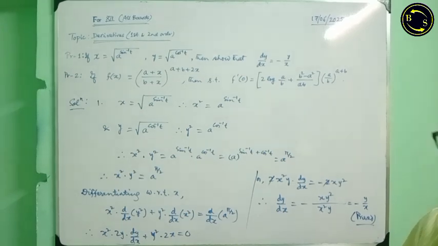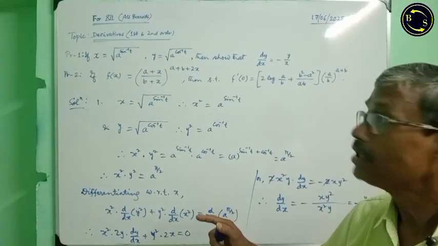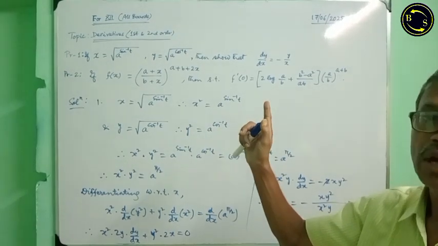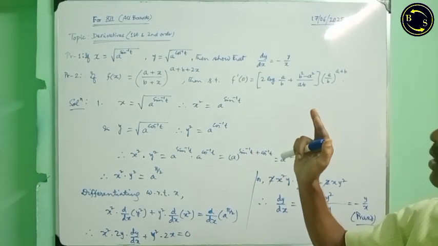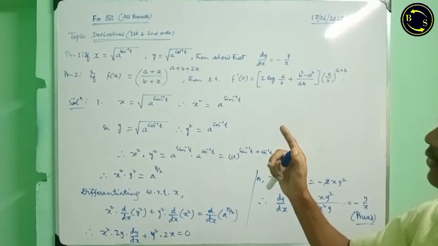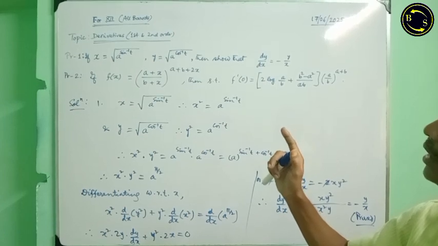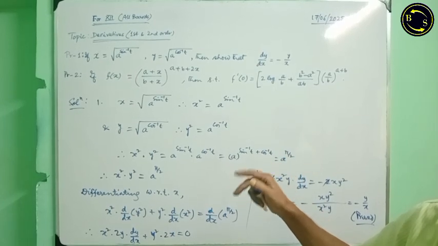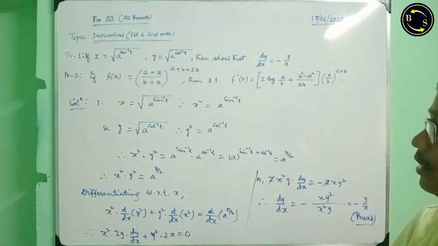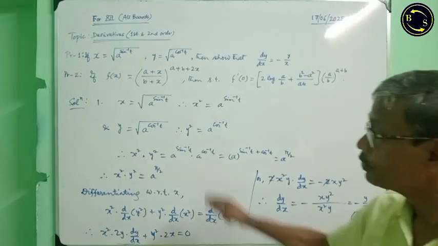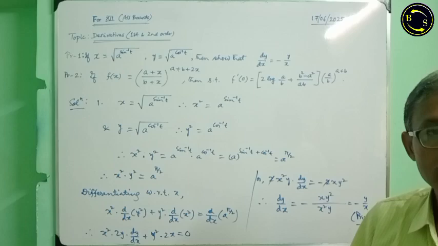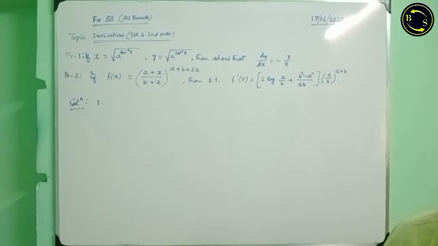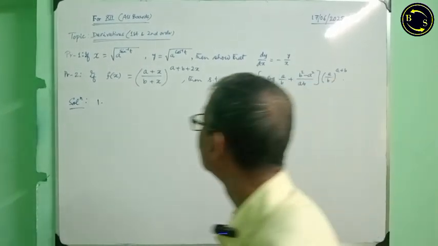I repeat, apparently this is parametric form, but if we try that method, that means dx dt first, then dy dt, it will be very much complicated. There we have to use this process. Now second sum.